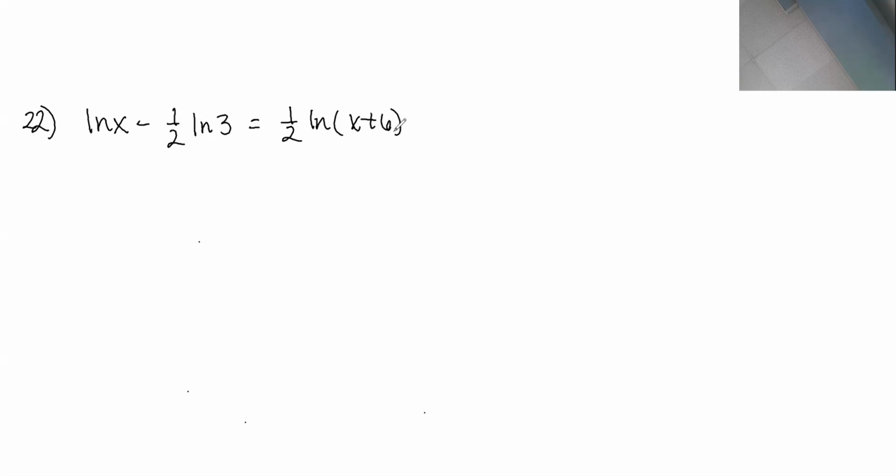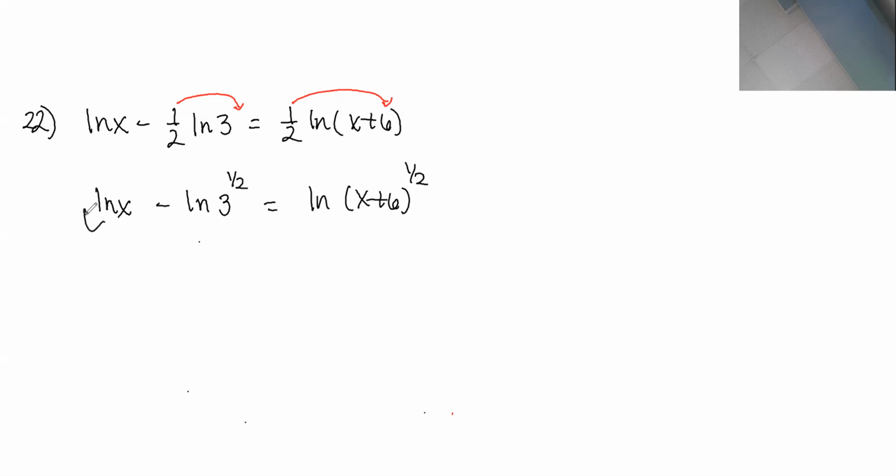All right, so first thing I'm going to do is bring up these powers, kind of like we did on the previous one. So that gives me ln of x minus ln of 3 to the 1/2 power equals ln of x plus 6 to the 1/2 power.